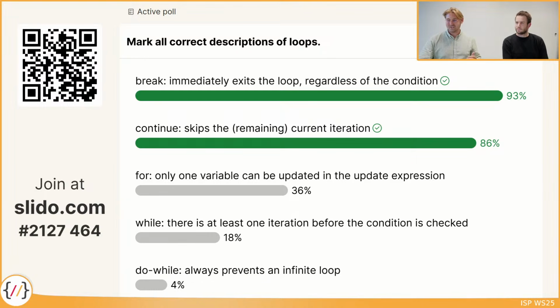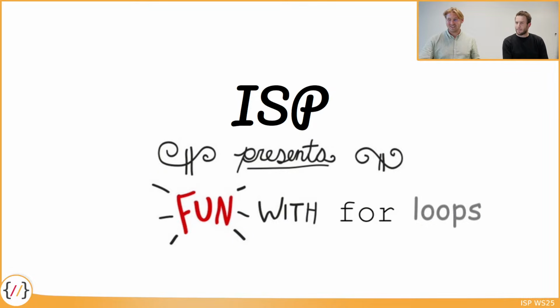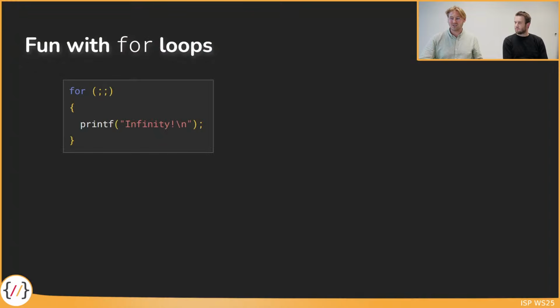Thanks so much. We will now have a little bit of fun with for loops. Some of you took the answer that a for loop can have multiple expressions in the update part, and we will now look at why this can be the case, but also why we can omit every part in the for loop.